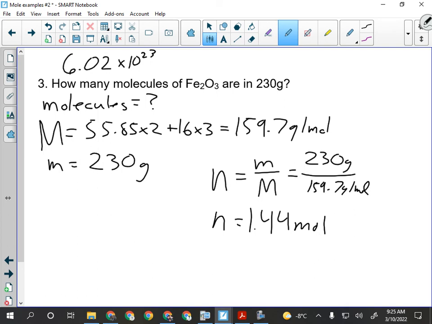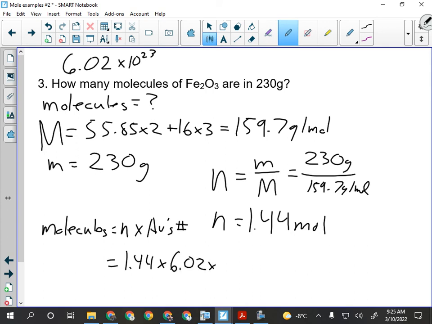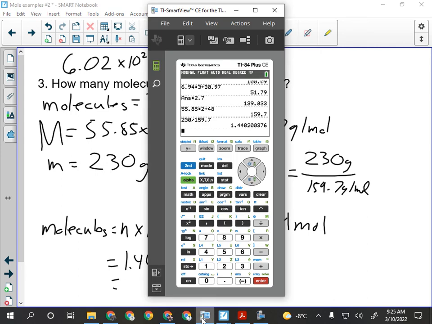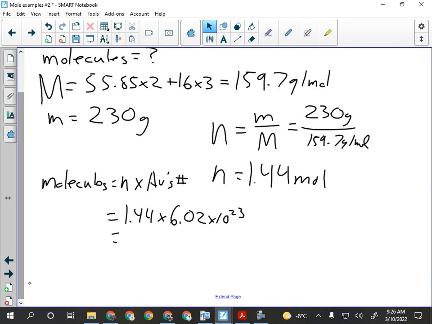So molecules equals n times Avogadro's number, which is 1.44 times 6.02 times 10 to the 23. Remember we put that in brackets: 6.02, second E 23, close the brackets. And we're looking at 8.67 times 10 to the 23 molecules.